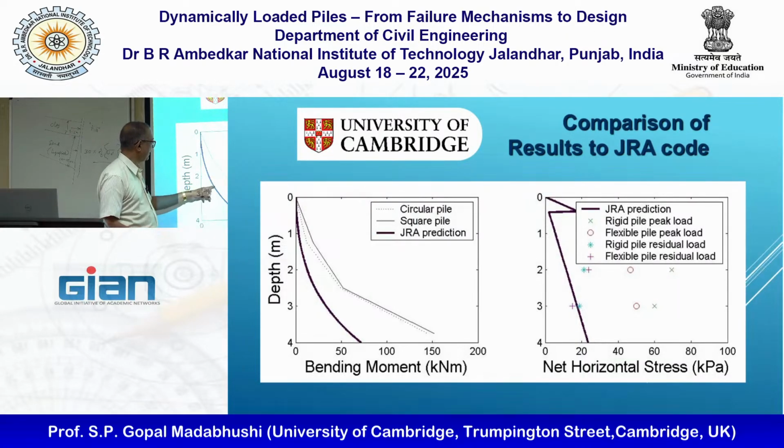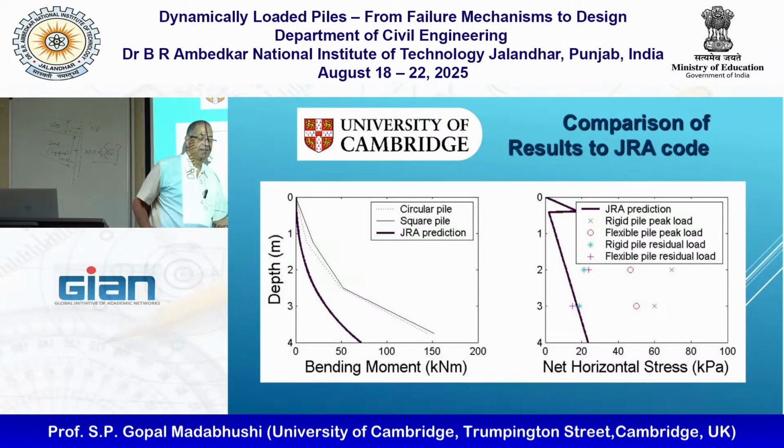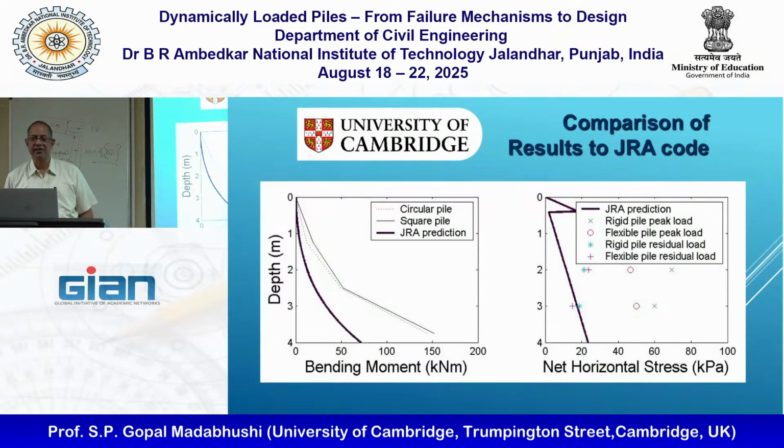But if I compare this to this, I'm underestimating my bending moment by a factor of, say, at a depth of 4 meters, this is maybe 70, and that is more like 160. So a factor of 2, right? What is the normal factor of safety people use on pile design? About 2. So this is why a lot of these piles are failing. Okay? So when you do tests like this, you can then go and challenge any existing wisdom.